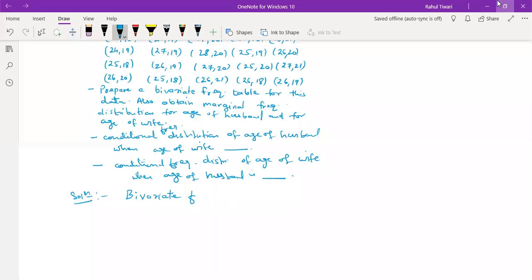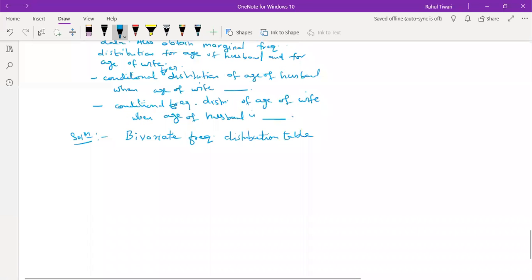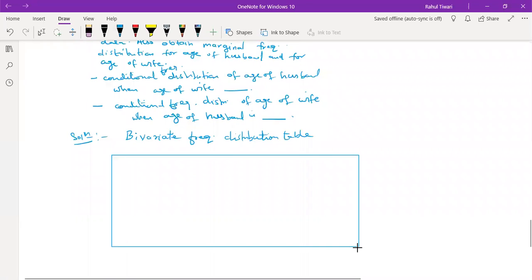I can call it a bivariate frequency distribution table, and we have different shapes. Just moving this table.